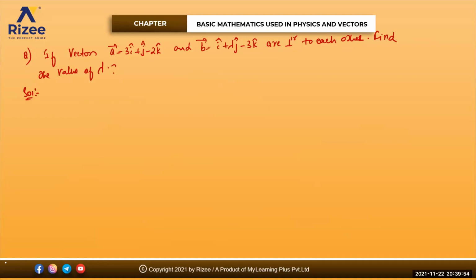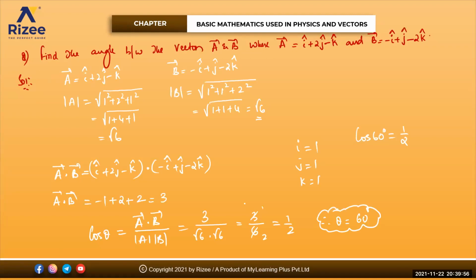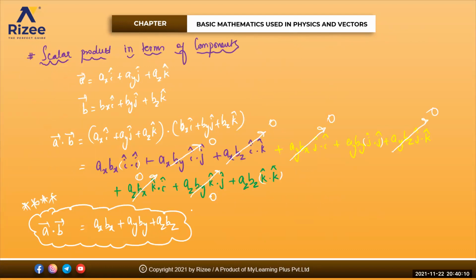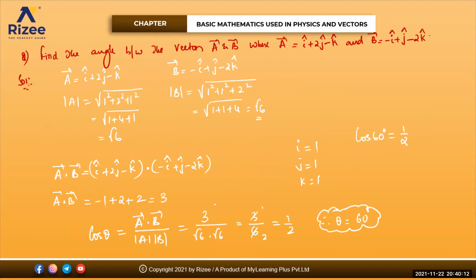See, when two vectors are perpendicular to each other, then what will be the condition? Now see here. A bar dot B bar. Theta is 90 degrees means what? Perpendicular. When two vectors are perpendicular, A bar dot B bar must be equal to 0, isn't it? Cos 90. Very good.